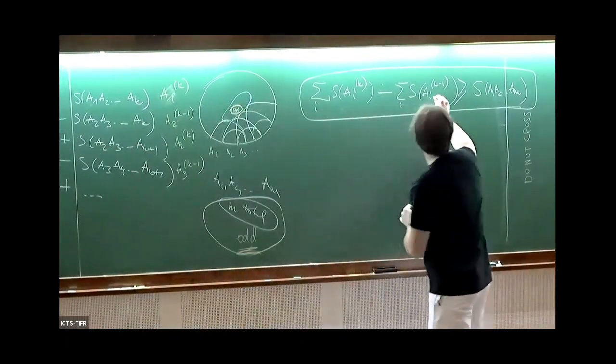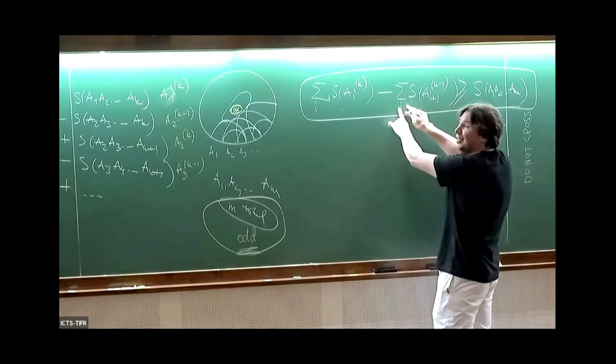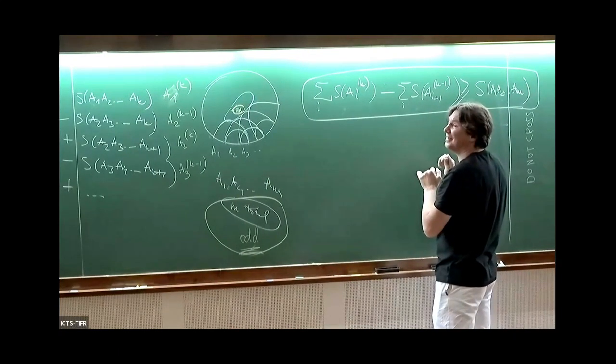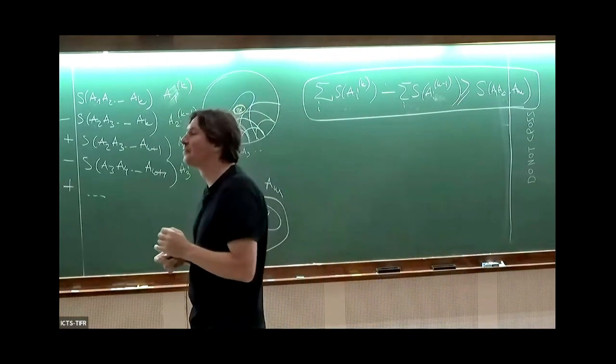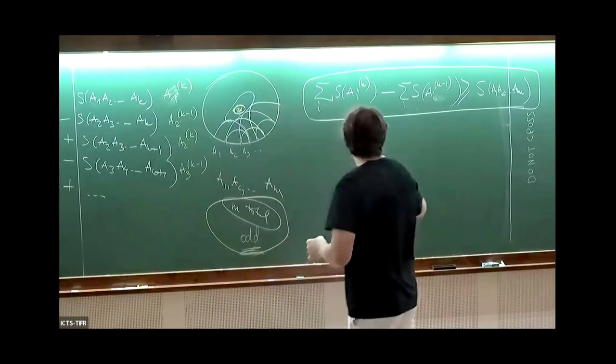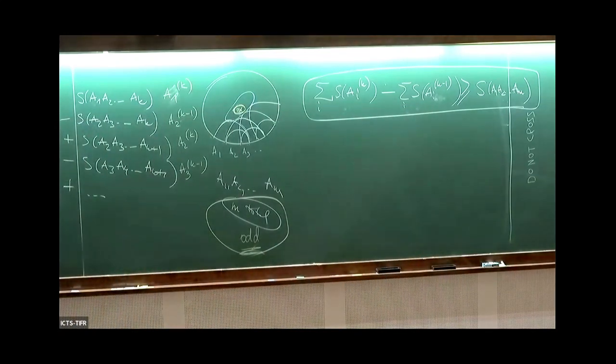Do you want me to write plus 1 here? But it's the same sum. I'm summing over all of them. Okay. Yeah. I am assuming that the curve wraps around the horizon, indeed.